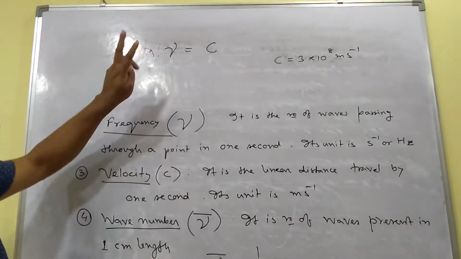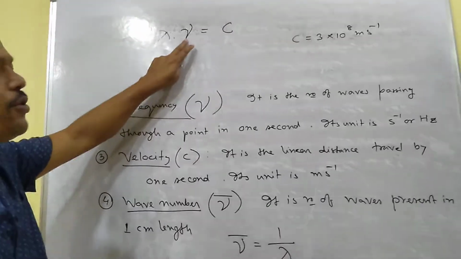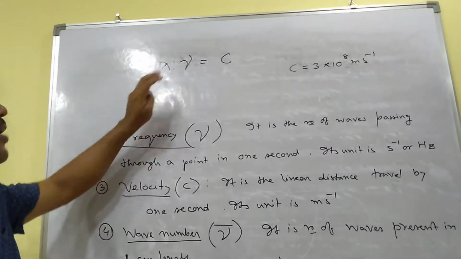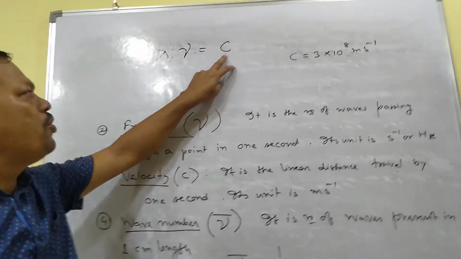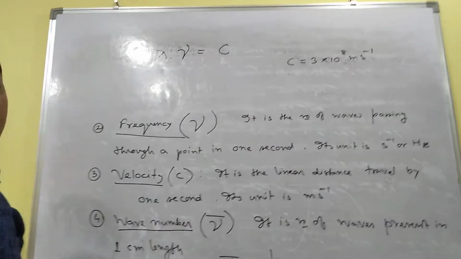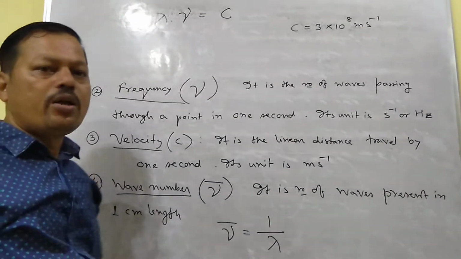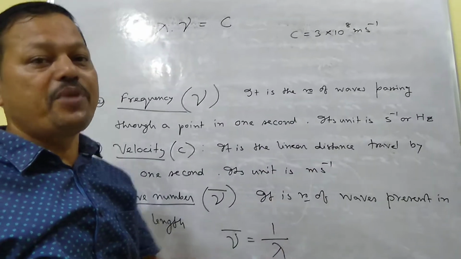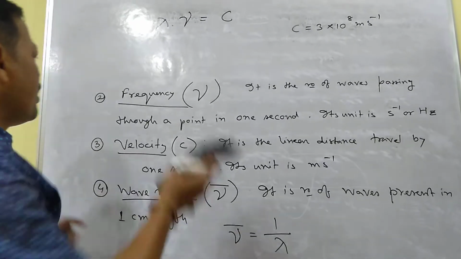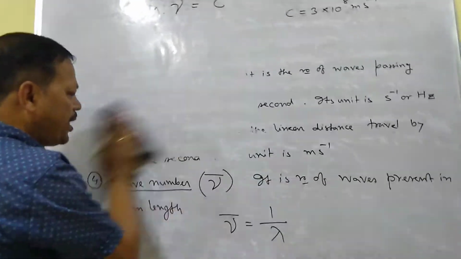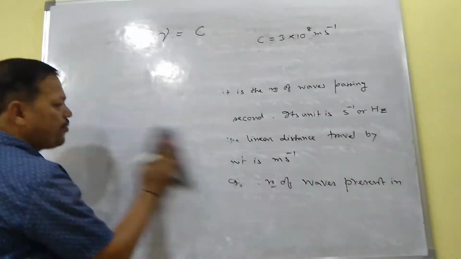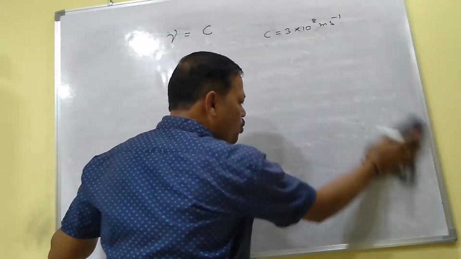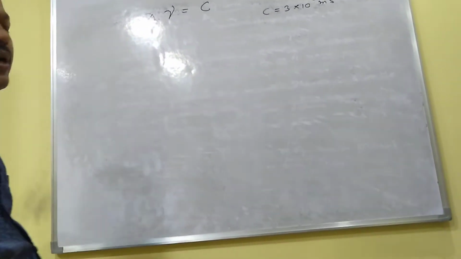So if you know wavelength, you can find frequency. Similarly, if you know frequency, you can find wavelength, because c is constant. The radiation possesses wave character and travels with the speed of light. In your book, you will get some numerical.